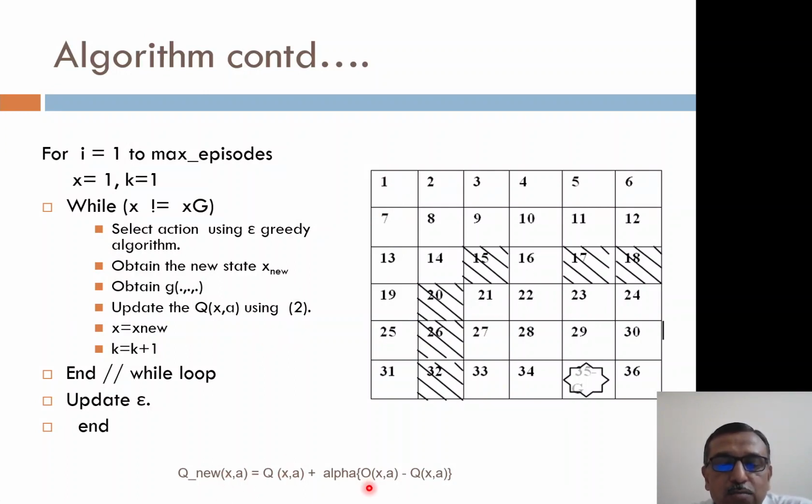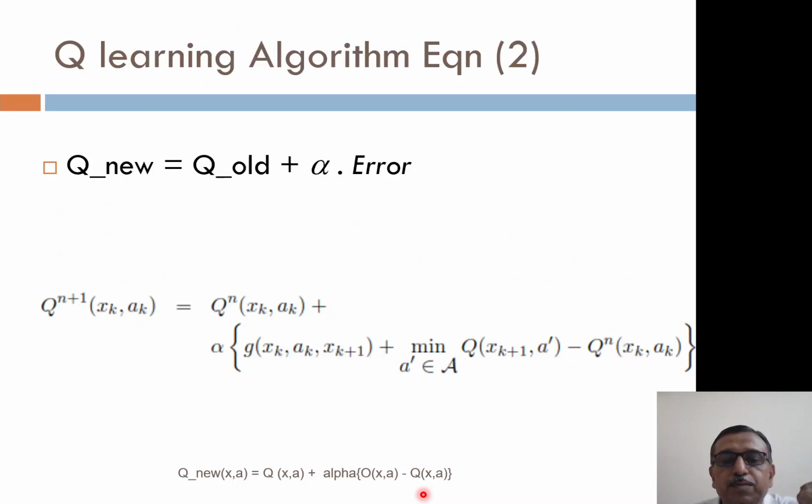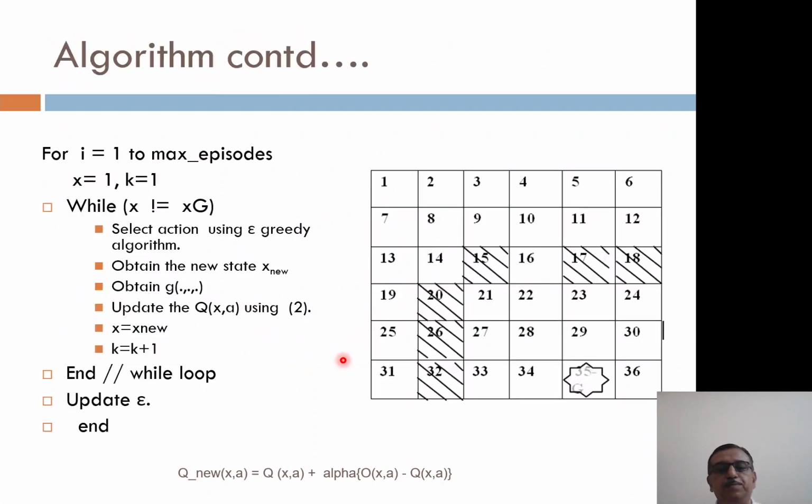Equation 2 is Q new X A equals Q X A plus alpha times G of X K, A K, X K plus 1, plus min over A prime of Q X new, minus Q X A. You know that equation. This is my equation 2, and we update the Q value using it. Then X is set to X new, K is K plus 1. Are you in the goal? You reached 7.